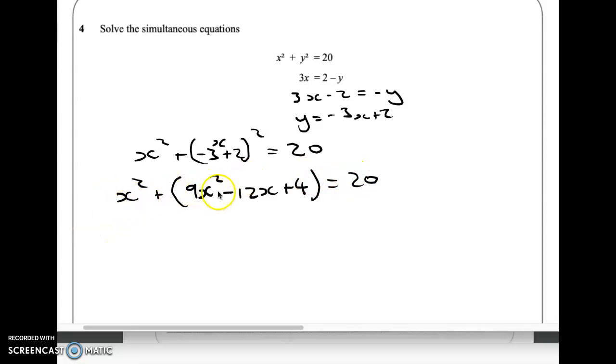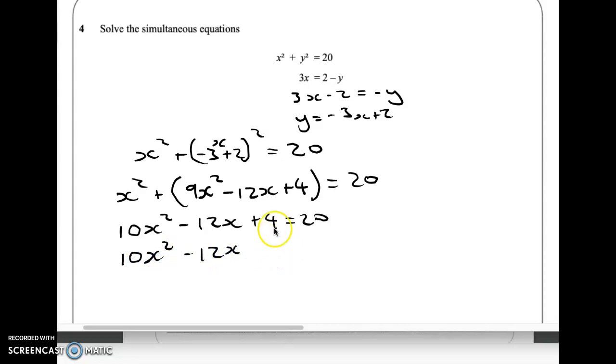Right, like terms, 9x squared and x squared is 10x squared minus 12x plus 4 equals 20. Now I want to take 20 from both sides. So that gives 10x squared minus 12x minus 16 equals 0. Okay, brackets.